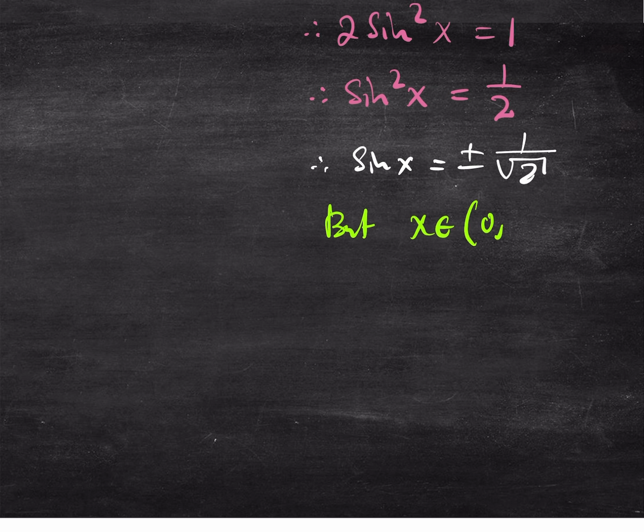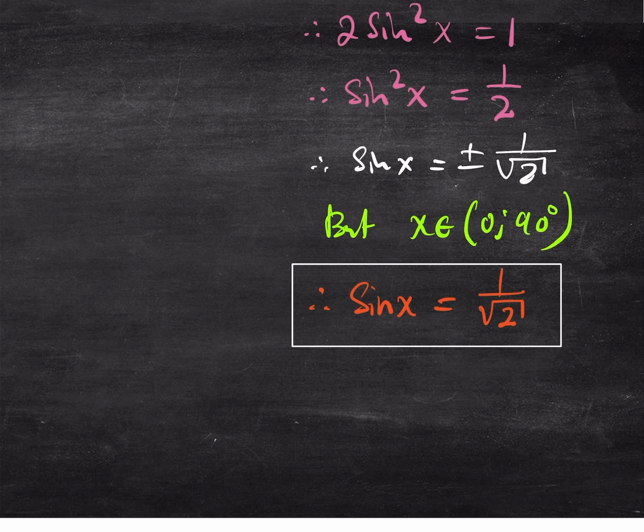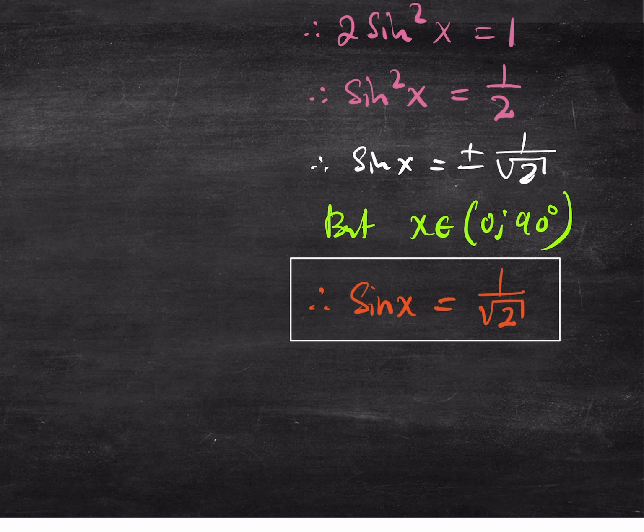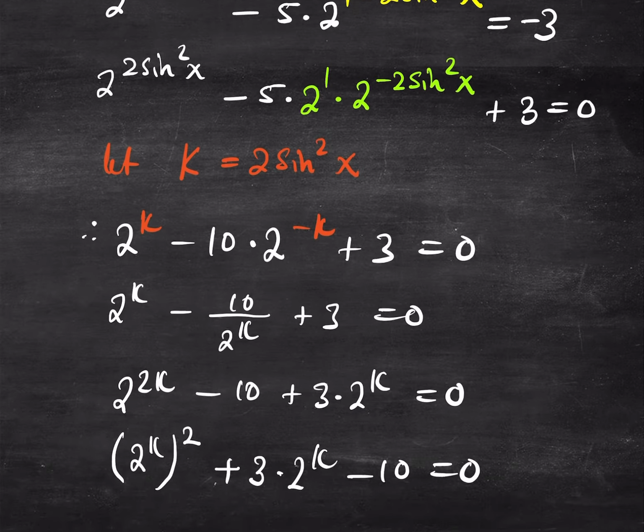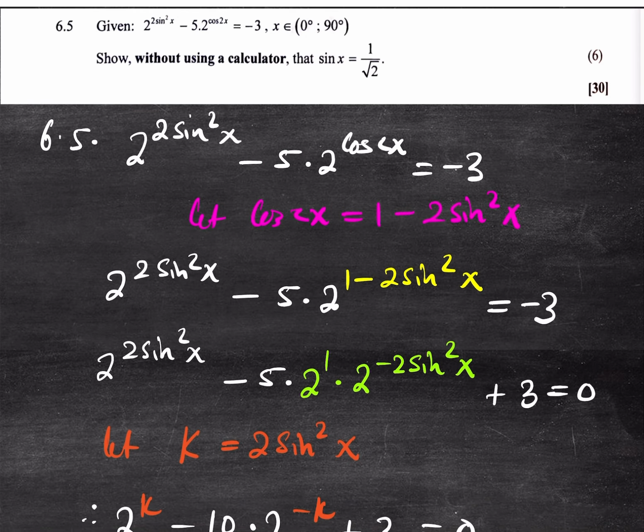That means from 0 to 90 degrees. So you're going to reject the negative 1 over root 2. So your final answer should be sine of x is equal to 1 over the square root of 2. I think this is what they've asked you to prove. And this is the best way you can attack this question. It was 6 marks.